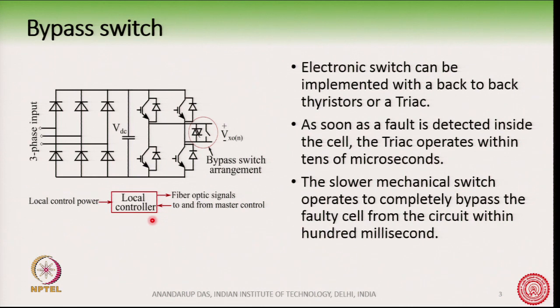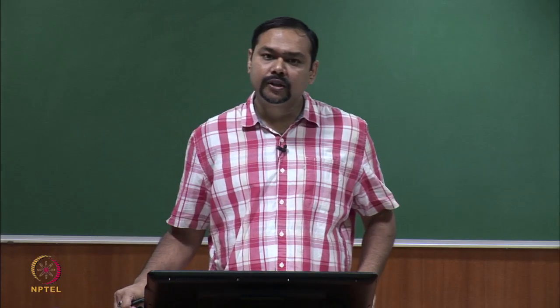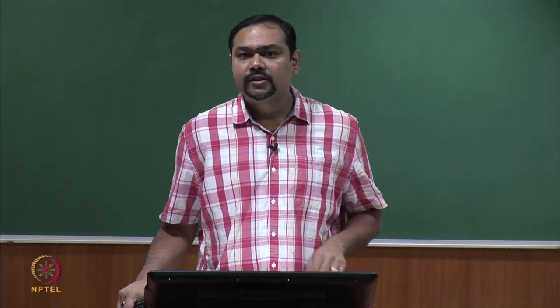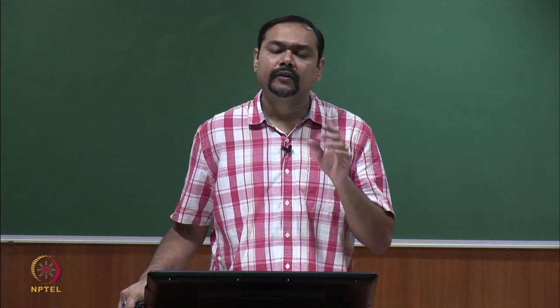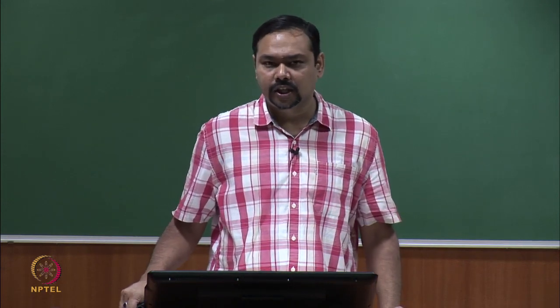The local controller has several sensing circuits. For example, it can sense the current flowing through the terminal out. The gate driver board can also sense the VCE, the collector emitter voltage of the transistor, and by checking the saturation voltage VCE, it is possible to identify whether, for example, an IGBT is short circuited.